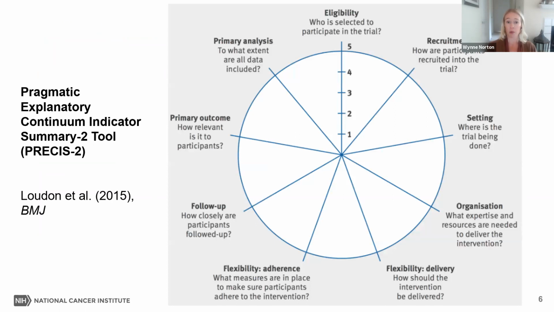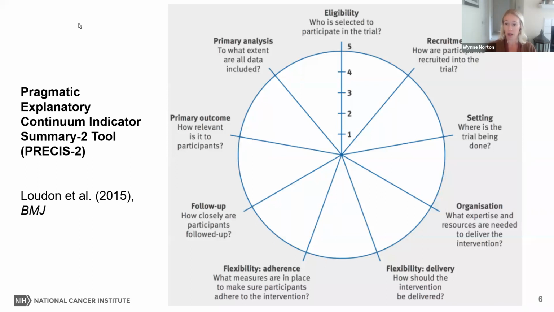The premier or most widely used tool is the Pragmatic Explanatory Continuum Indicator Summary 2, it's version 2 from 2015. This is by Kirsty Loudon and colleagues, really trying to articulate what are some of the aspects of the trial and some of the domains that can make it more or less explanatory or pragmatic.